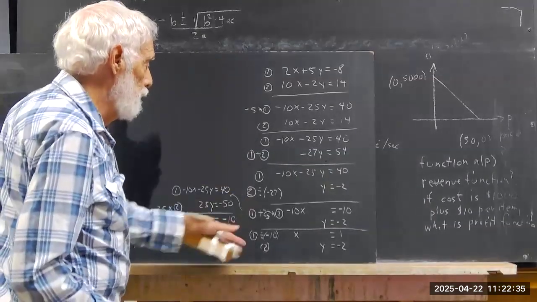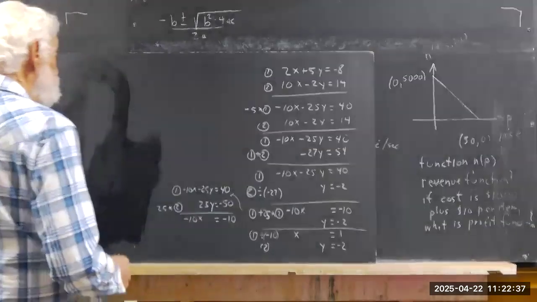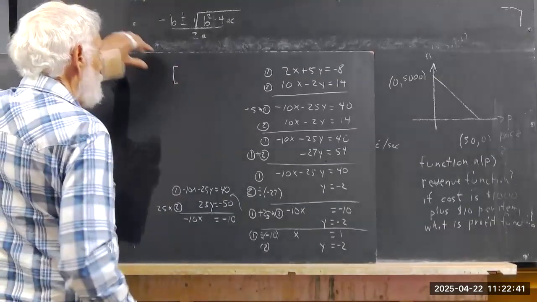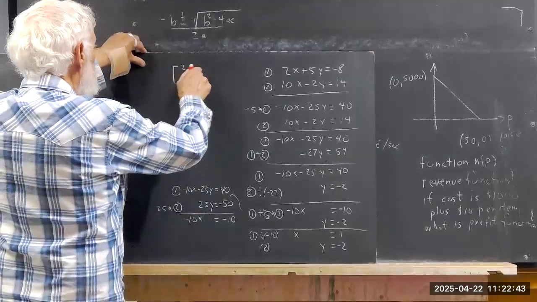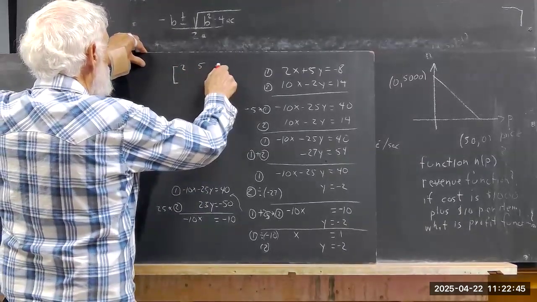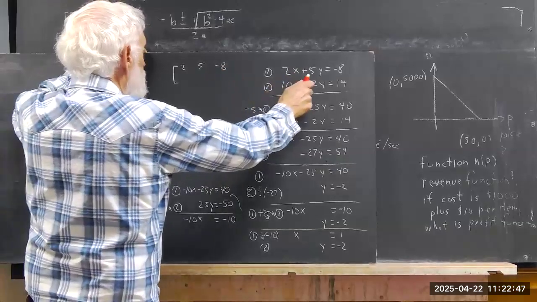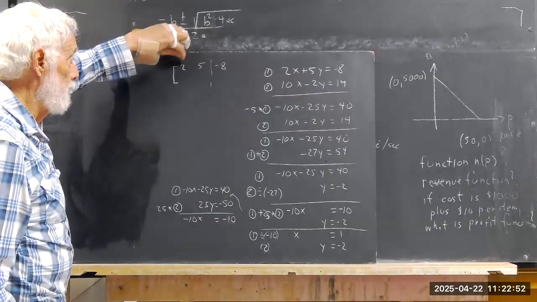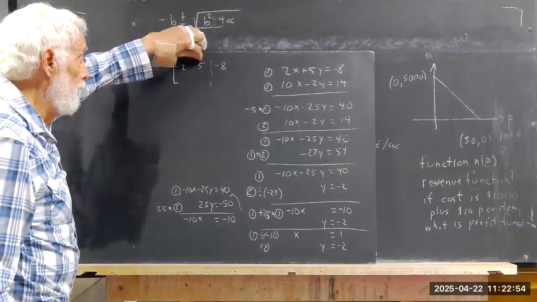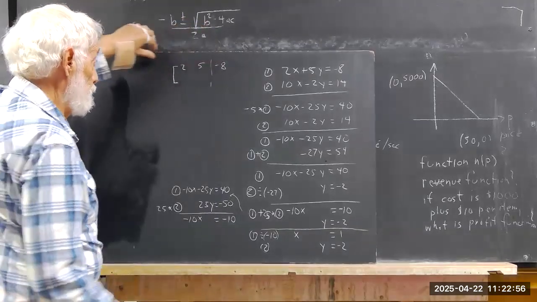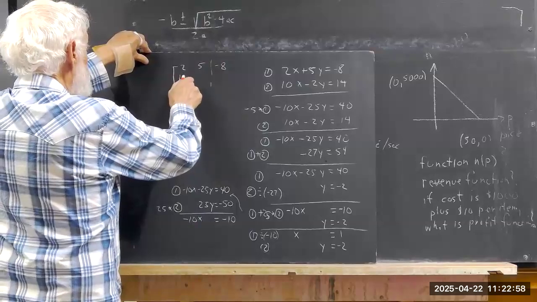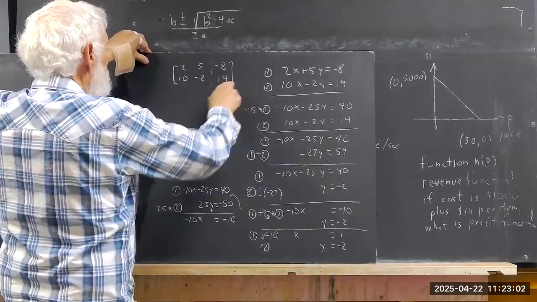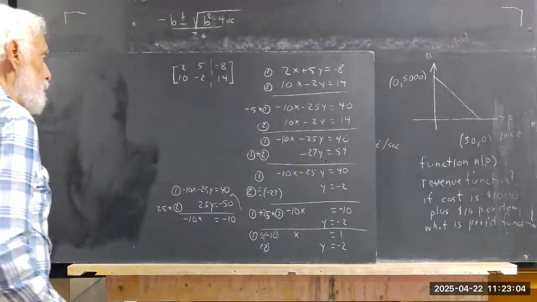It's a more compact way to write this out. Right, the first equation is 2, 5, -8. I just write down the numbers, and I understand that this is a coefficient of x, and this is a coefficient of y, and this is what's on the other side of the equal sign. I write 10, -2, 14. Okay.